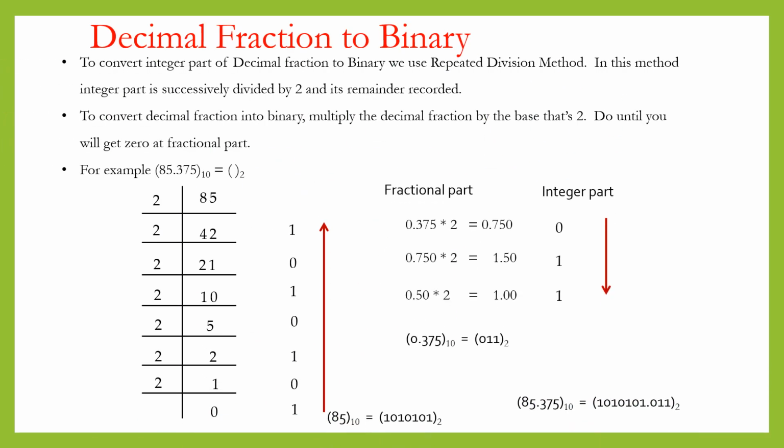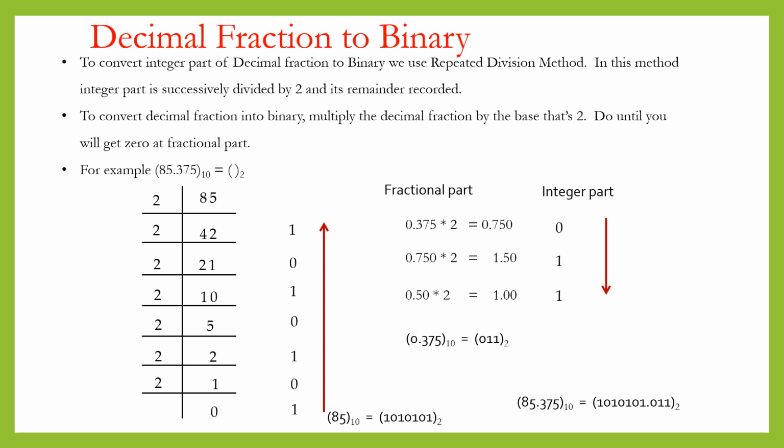Now we are going to convert a decimal fraction to binary. To convert the integer part of the decimal fraction to binary, we use the repeated division method. In this method, the integer part is successively divided by 2 and its remainders are recorded. To convert the decimal fraction into binary, multiply the decimal fraction by the base, that's 2. Do this until you get 0 at the fractional part. And here you have an example.